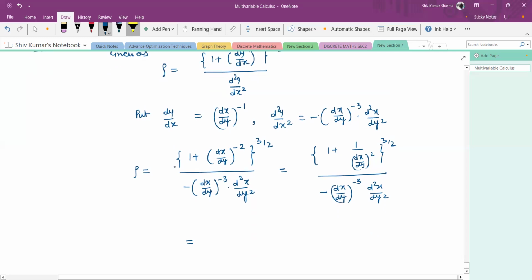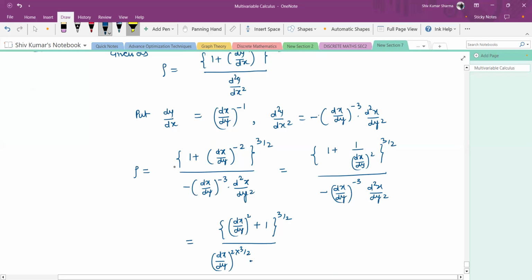So in numerator, we will take the LCM as (dx/dy) whole square. So this can be written as ((dx/dy)² plus 1) whole to the power 3/2 upon. So when we write the denominator, the power will be (dx/dy)² whole to the power 3/2, because the whole power is 3/2.